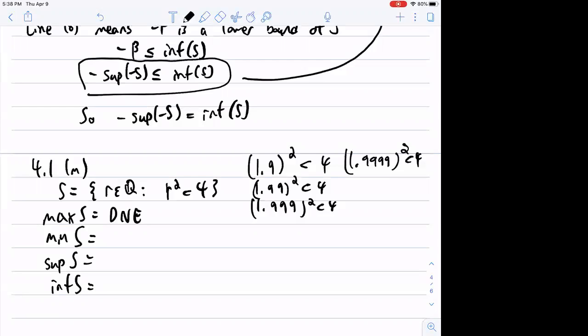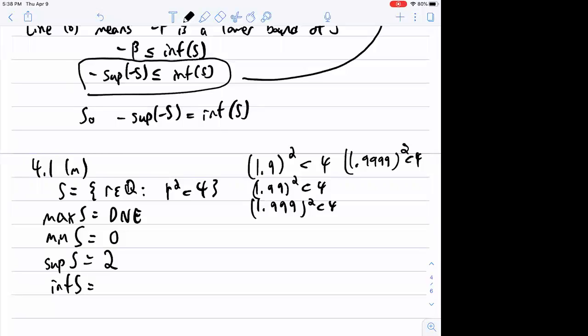Yes, 0 is rational and 0 squared is 0. So 0 is a minimum. Now what is the supremum? Is the supremum 4? Not 4, it's 2. It's r, not r squared. Yeah, it's 2.